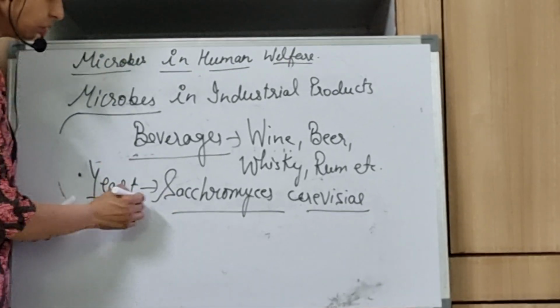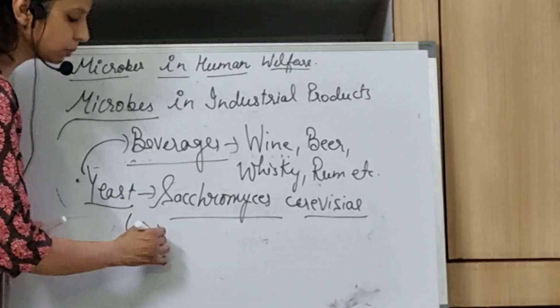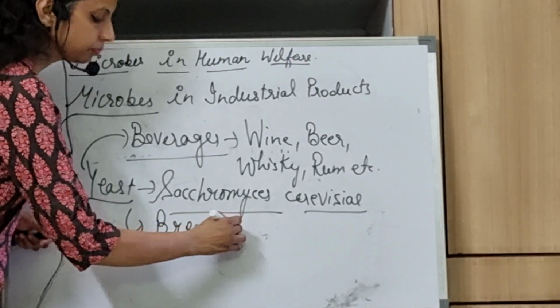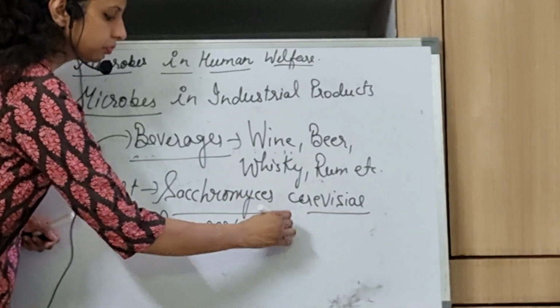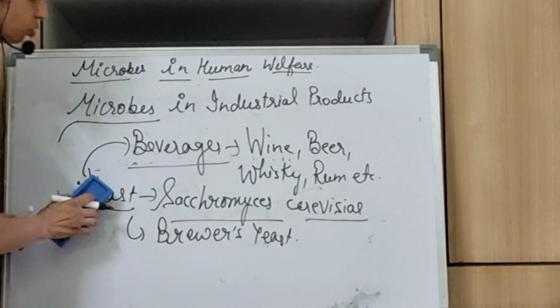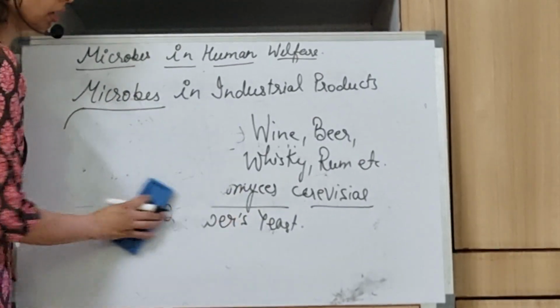When we make use of yeast for beverages, it is called brewer's yeast. So let us see how yeast is used to prepare beverages like wine, beer, whiskey, rum, etc.